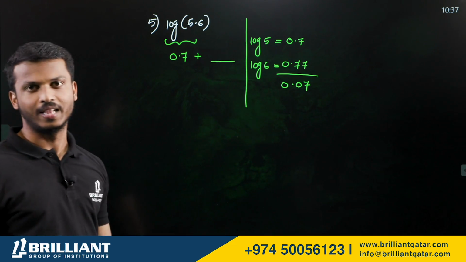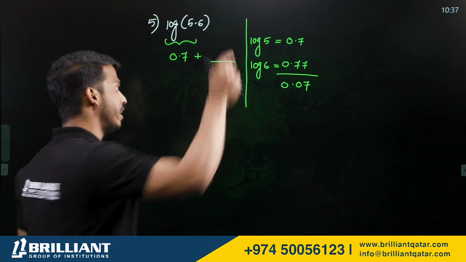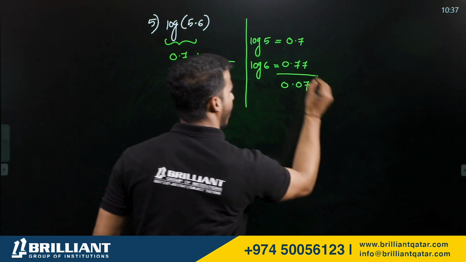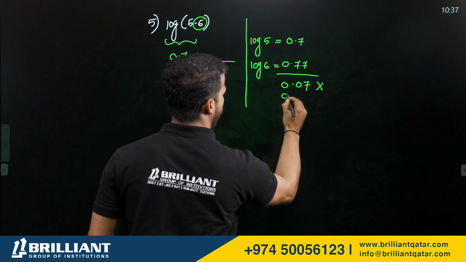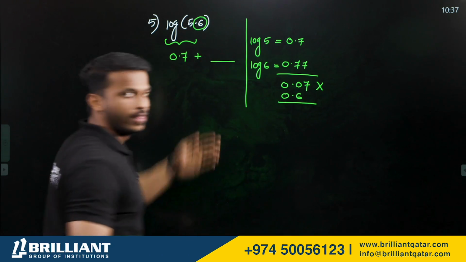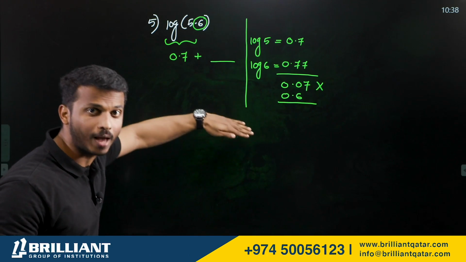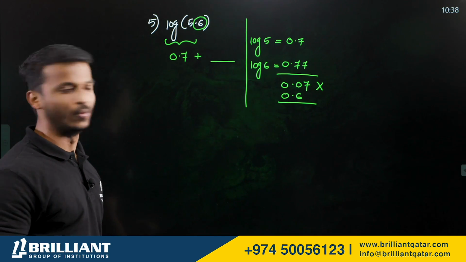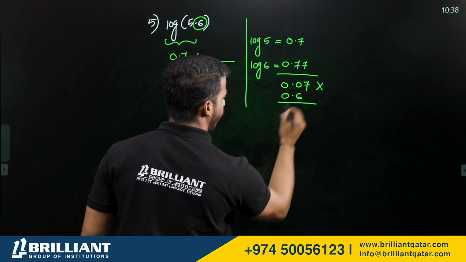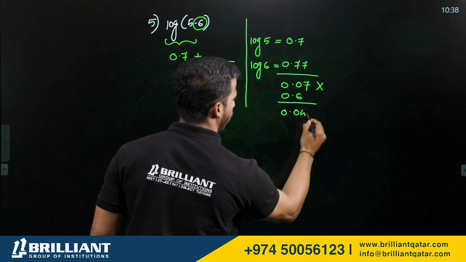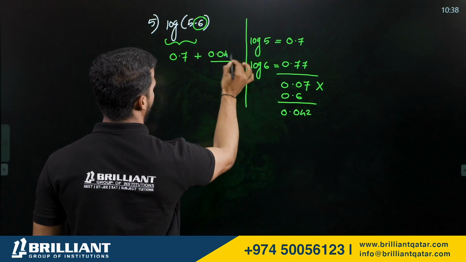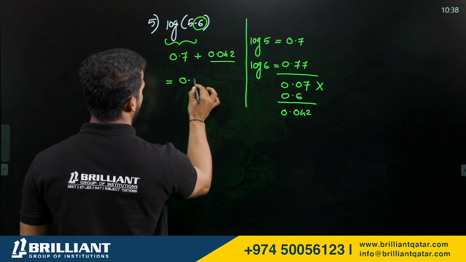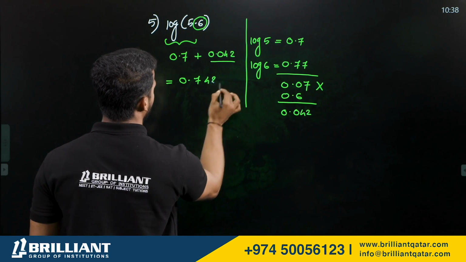I take the difference, that is 0.07. The difference you have to multiply with the decimal value, 0.6. So 7 into 6 is 42, right? So 0.042 is the answer. This value please substitute here: 0.7 plus 0.042 is 0.742. That is the value.